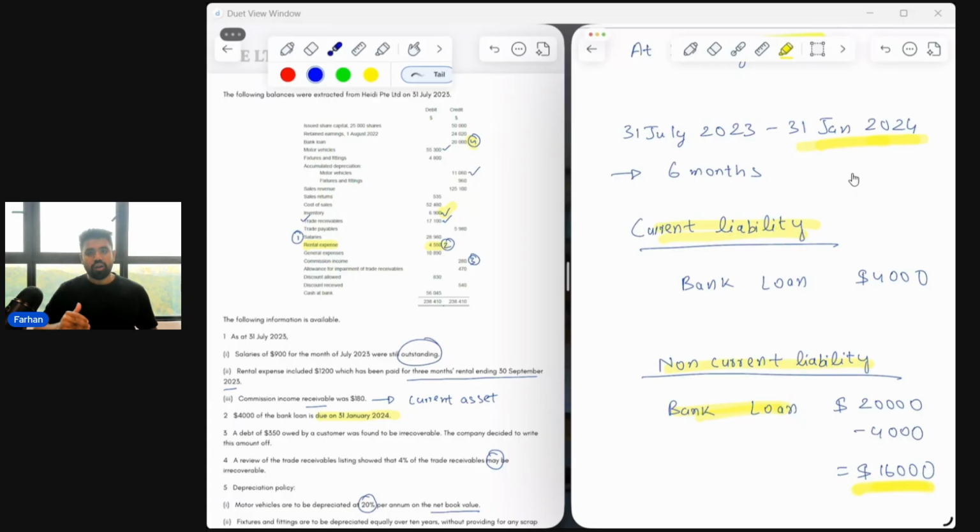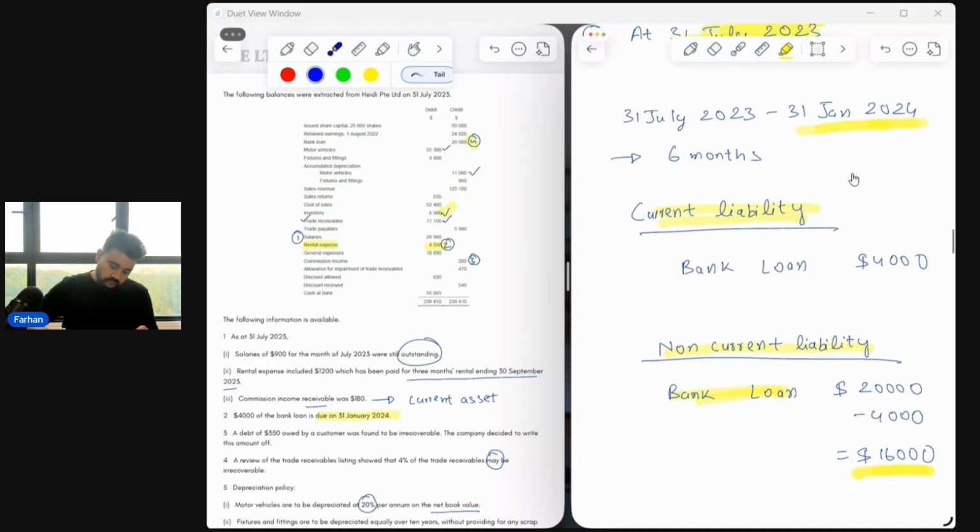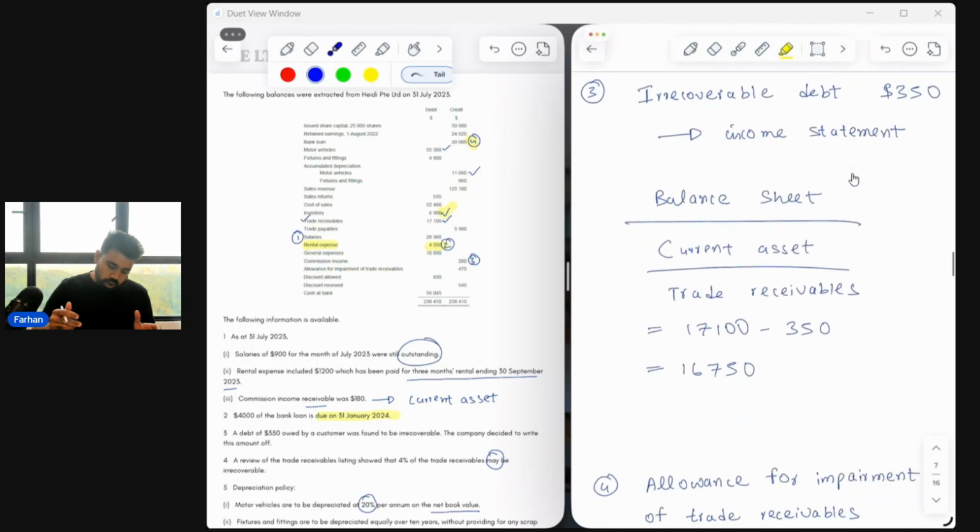Therefore, it is not a present obligation, but an obligation after a year. Therefore, this falls within the definition of a non-current liability, okay? So $4,000 goes as a current liability amount, and then $16,000 goes as a non-current liability amount, both obviously in the statement of financial position or the balance sheet. Okay, so now let's move to the next one.